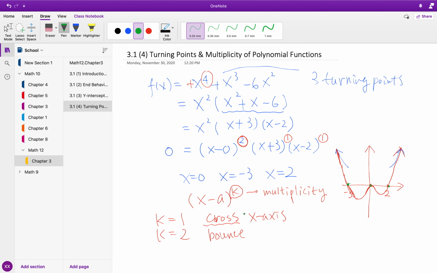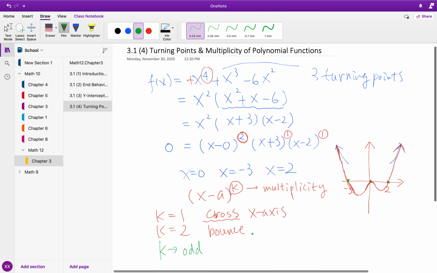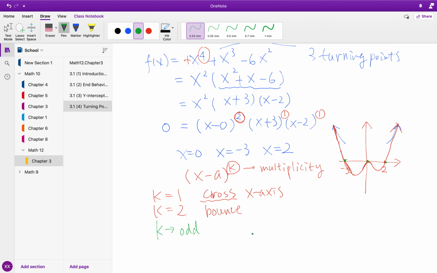All right? So that also means when k is an odd number, like 1, it crosses. However, the interesting thing is that if it's an odd number larger than 1, it will absolutely cross.